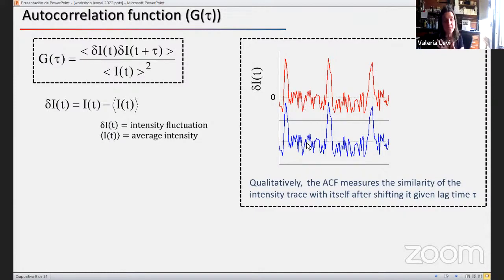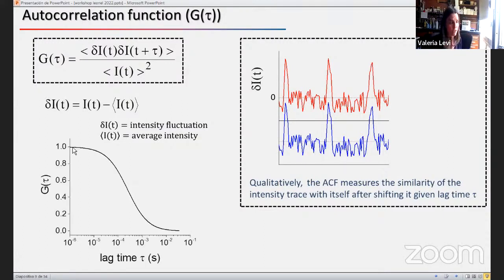So if tau is really, really small, you do this multiplication and you get a high value of the correlation function. So what you are measuring is the similarity between the intensity trace and itself, but shifted a given period of time tau.